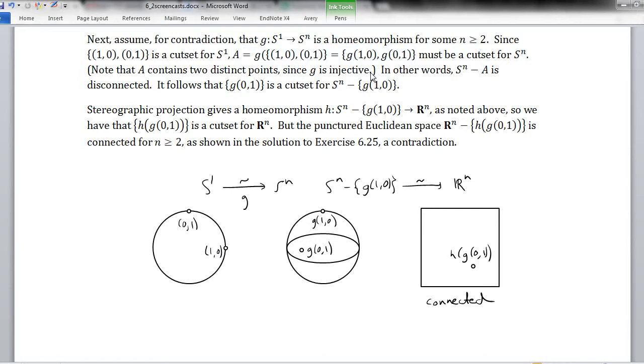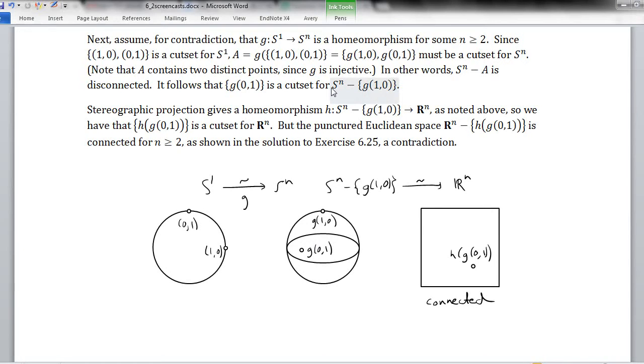All right, so if A is a cut set for the sphere, that means that the complement of A in the sphere is disconnected. And another way of saying that is if you start off with a punctured sphere where you're missing one of those 2 points, then the set consisting just of the other point is a cut set for that space, right?